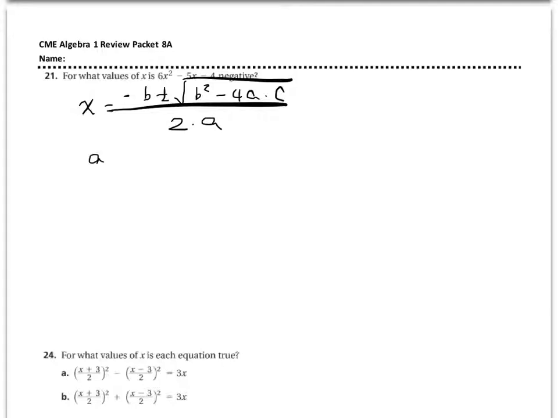In this case, a is 6, b is negative 5, c is negative 4. Plug the numbers in, simplify it, and you should have two answers. Then plug the numbers in to see what makes the expression 6x squared minus 5x minus 4 negative. So that's that.